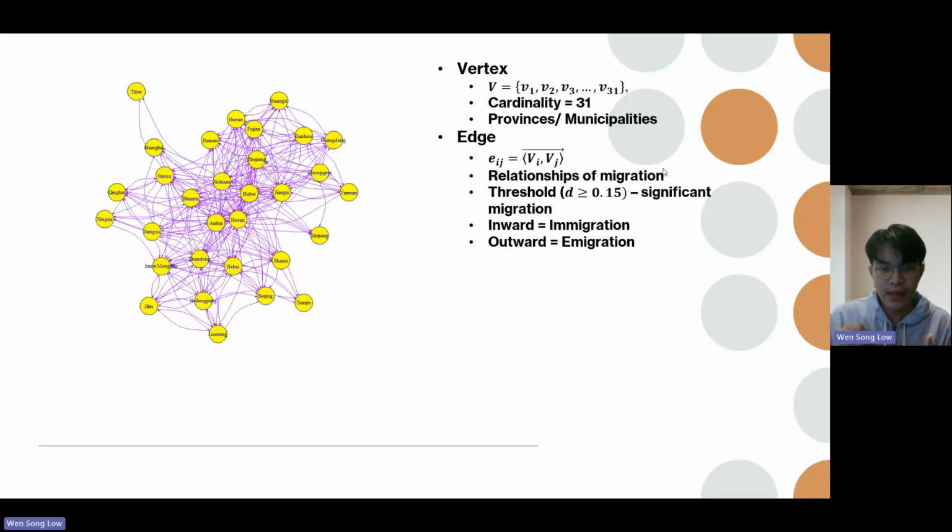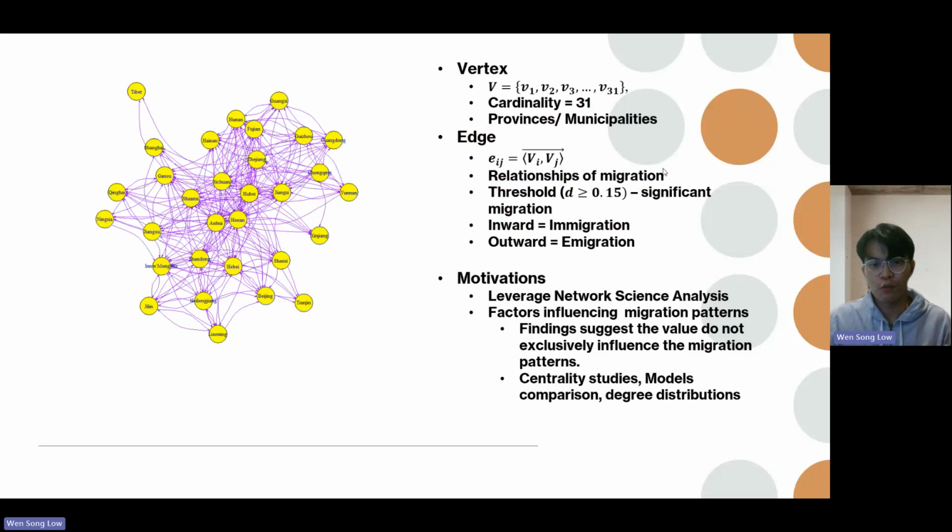I define the directed edges based on whether the migration is significant enough, and this is decided if the normalized value is greater than or equal to 0.15, which I count as significant migration. Of course, the inward direction will be immigration and the outward direction will be emigration.